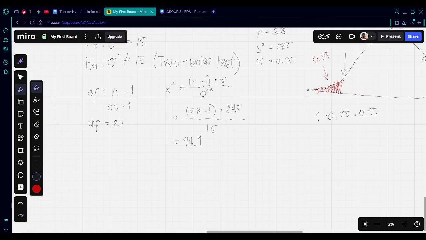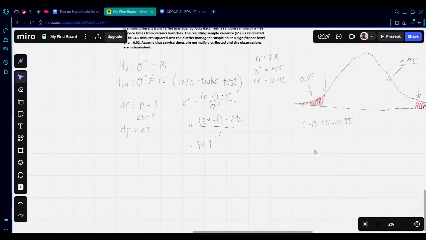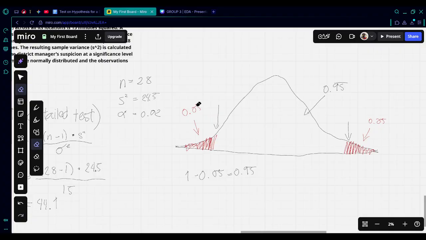Now that we have the value from the formula of the chi-squared, we can now determine the critical value. I noticed something I made a mistake on, so my apologies. So this is 0.02.